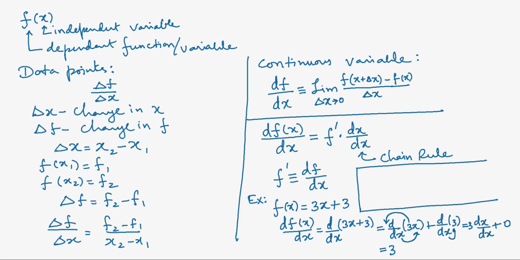But in this case, I want to add that extra part as the chain rule. What I meant is, when we did d by dx of 3x plus 3 and distributed that, like 3 and we have a dx by dx, that is actually what we are doing. Do you see that?